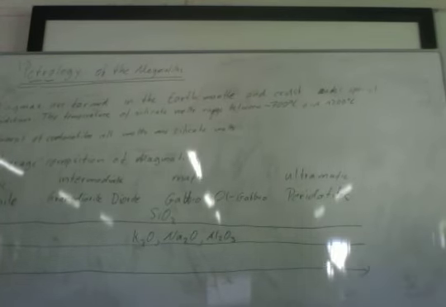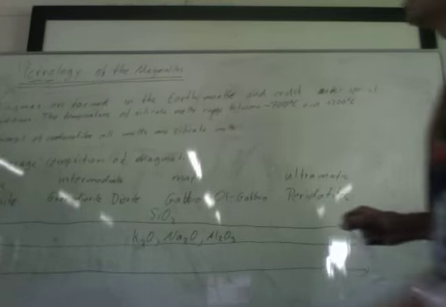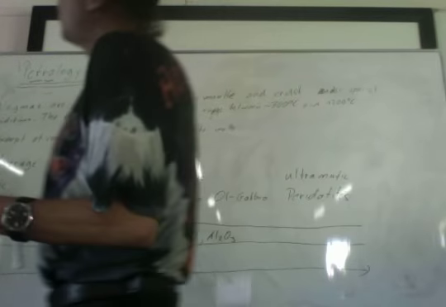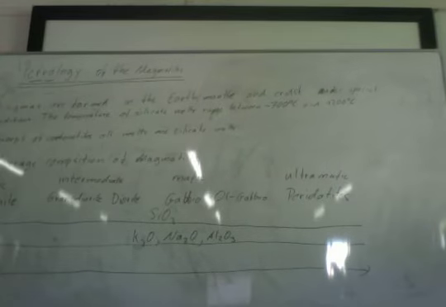If you are looking for the main rock forming mineral in the mantle rocks, I told you that is the mineral olivine, yeah. So what elements you will find in an olivine?